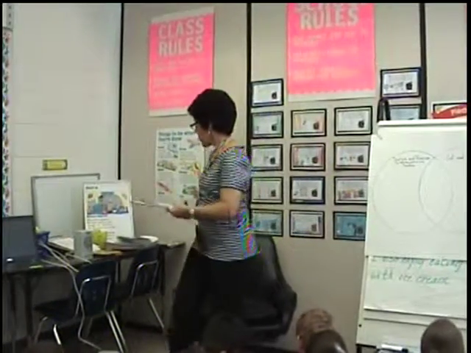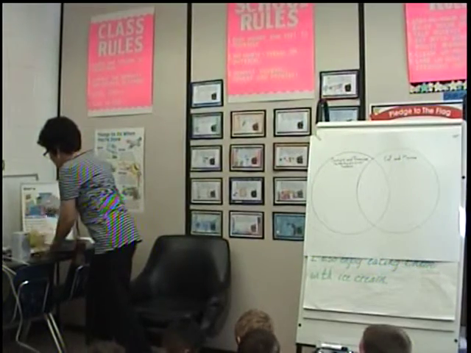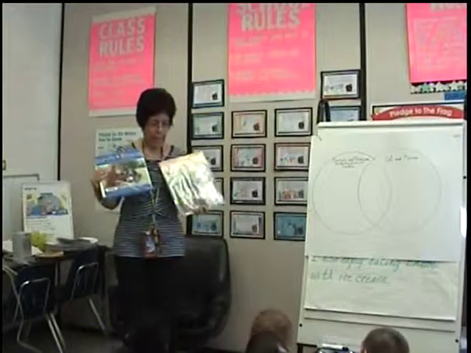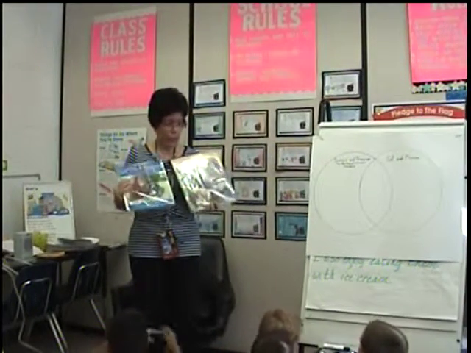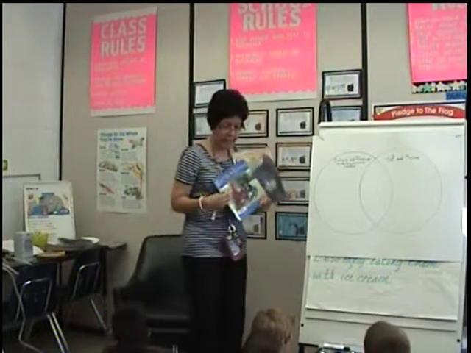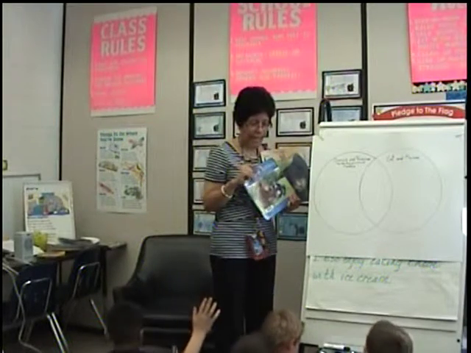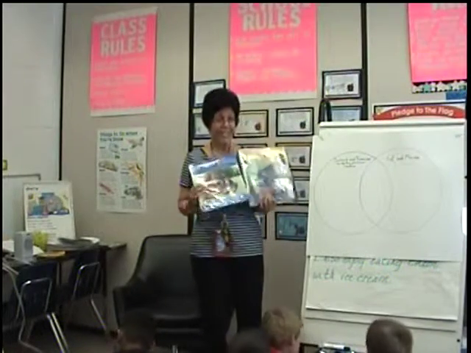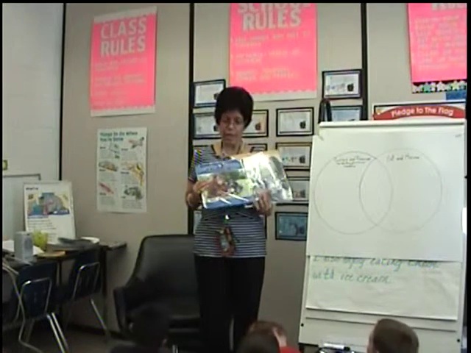At this moment, I'm going to grab my marker and, with the books in front of you, let's start with the things that are similar between these two books, okay? And where are we going to write the things that are similar? Where? Who can tell me? Hayden? In the middle. That is correct. In the middle. So think about things that are similar.